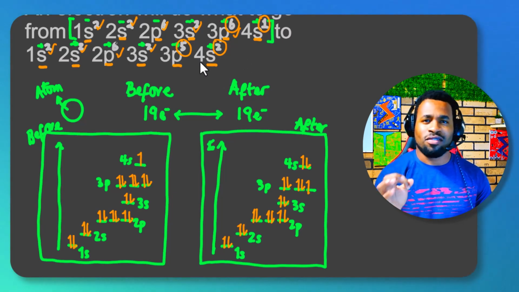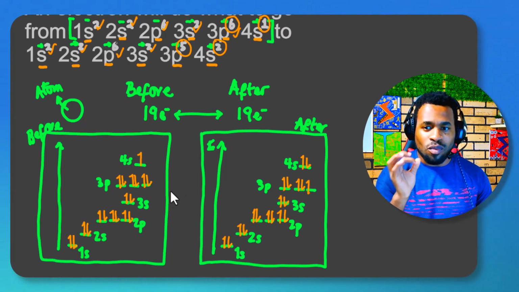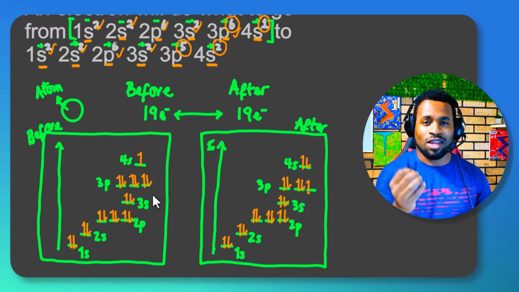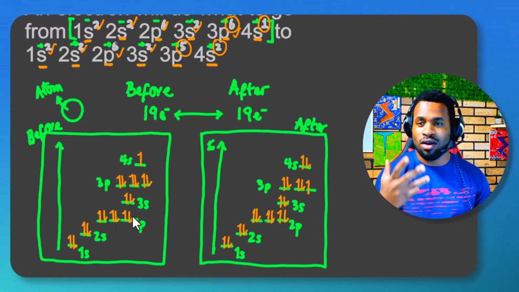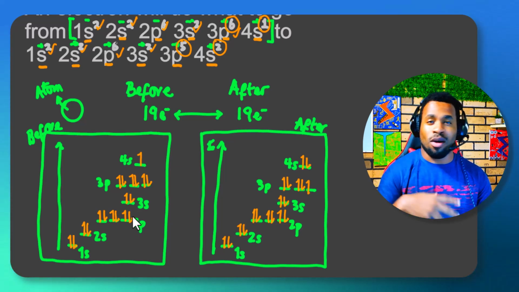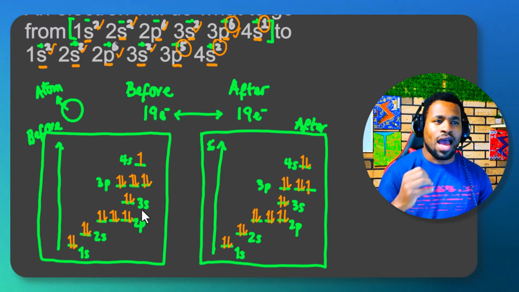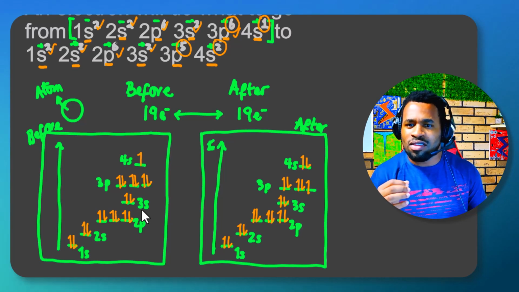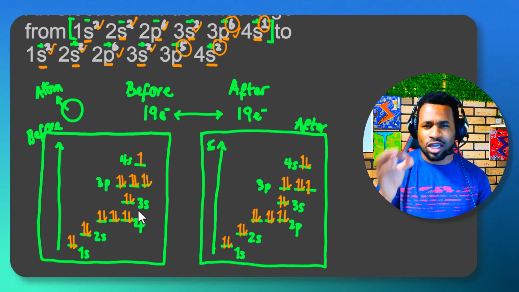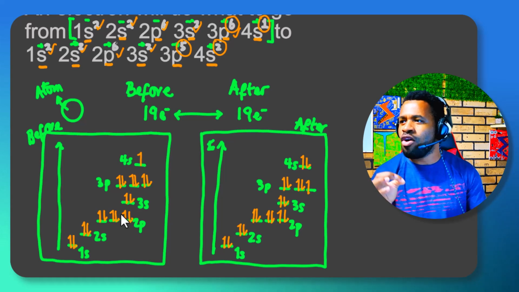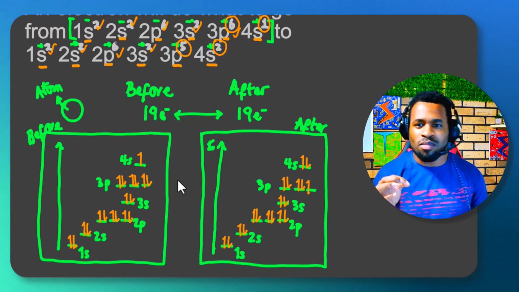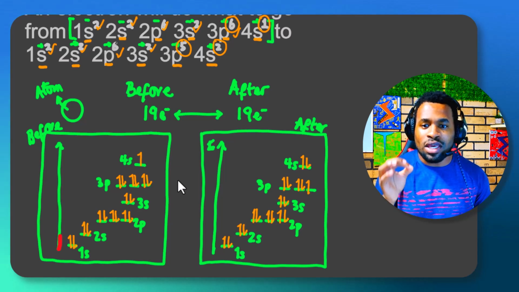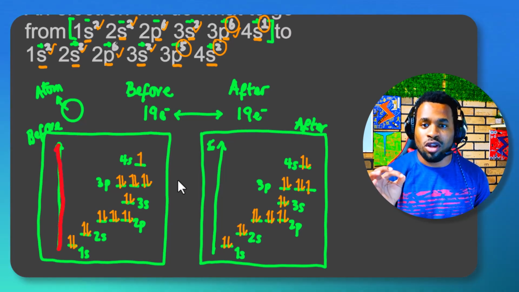So now what is the cause of this particular change from the 3p to the 4s? This all comes down to one interesting attribute that electrons have: for them to move from one level to another, they have to either absorb or emit energy. Looking at the characteristics of the energy levels, they go from bigger negative values to smaller negative values.